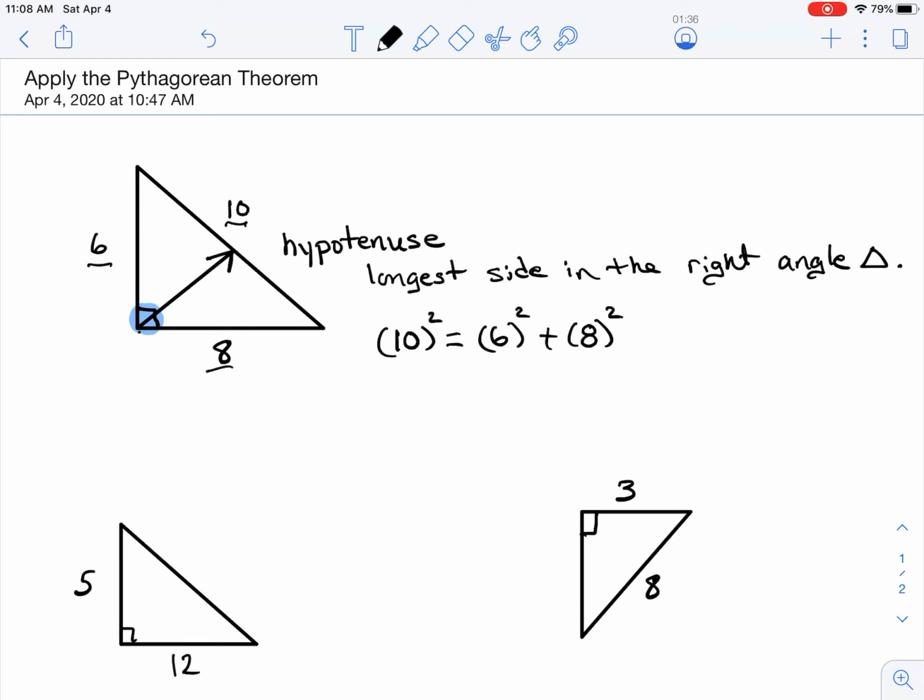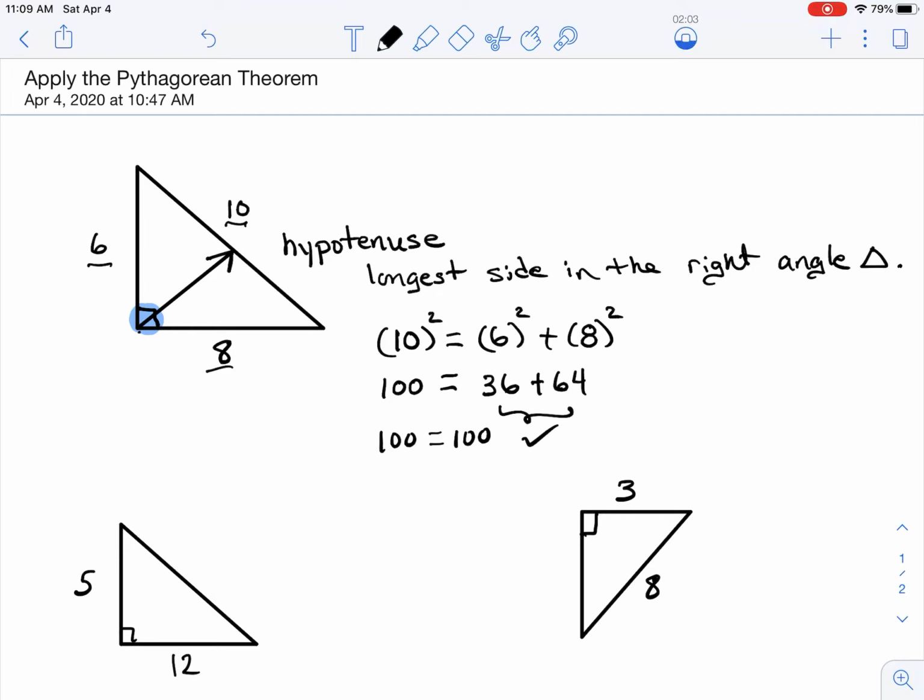So we can work this out to see if it's true. 10 to the exponent 2 is going to be 10 times 10 is 100. 6 to the exponent 2 is going to be 6 times 6 is 36. And 8 to the exponent 2 is going to be 8 times 8 is 64. And you can see here when I add 36 and 64 that this is indeed true.